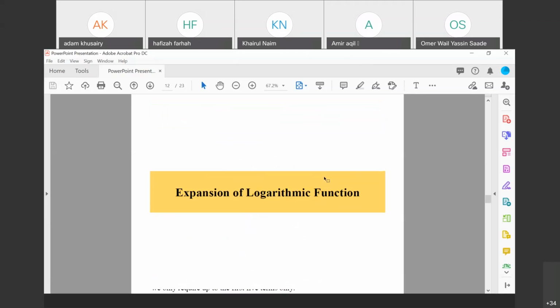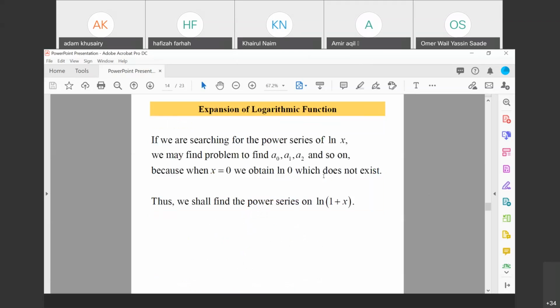Okay, now we go to the next function, which is the log function. So for the log function, if we search for the power series of ln x, it would be impossible.